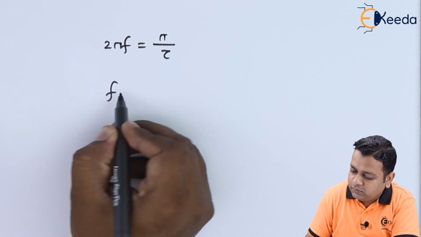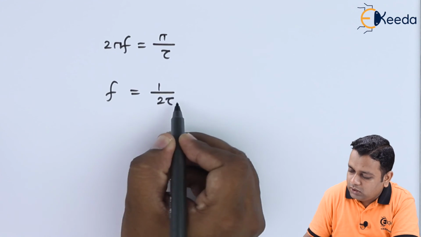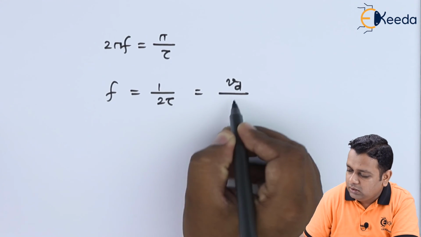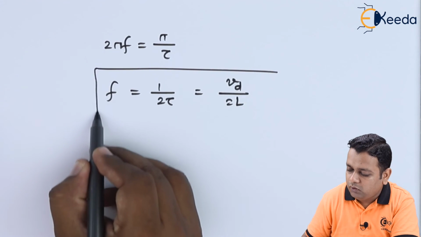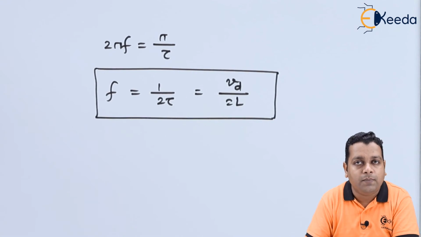Therefore, we can express the frequency f is equal to 1 upon twice tau, which can be expressed as v suffix d divided by twice l. This is a very simple formula that may be helpful while solving problems based on this particular device operation or others in the same family.